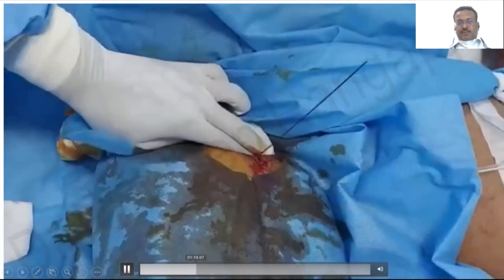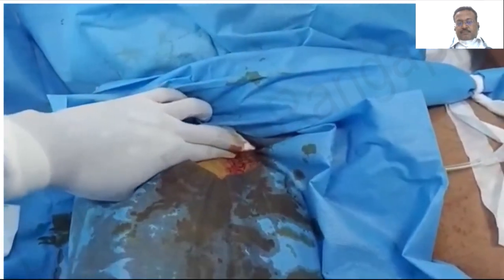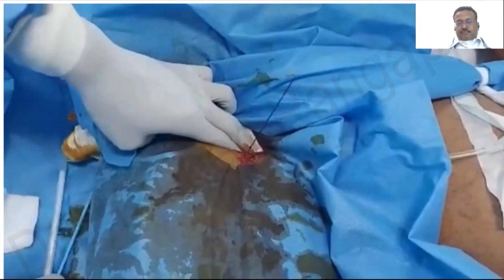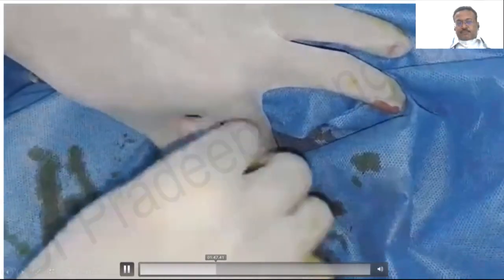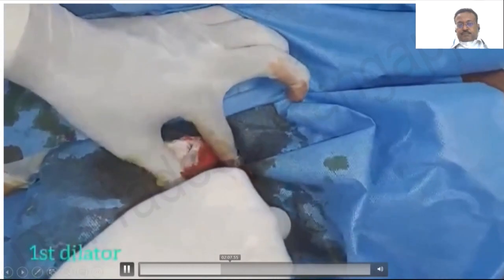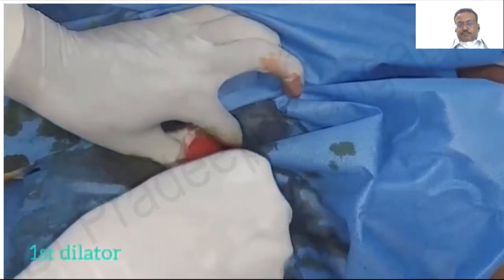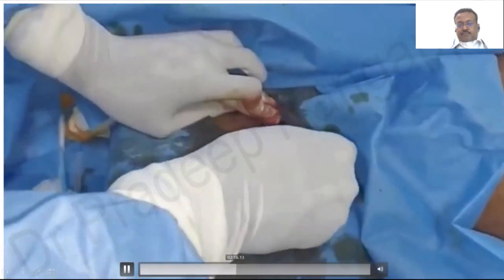Okay, you can see the guide wire being passed. You can see the sequential dilators. Okay, you can see the dilator going in.